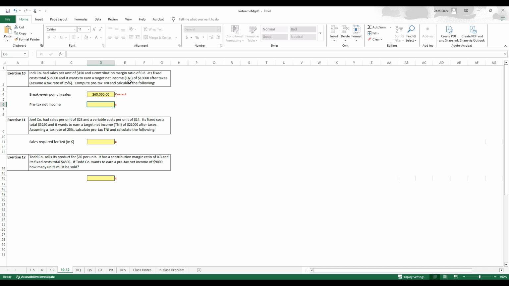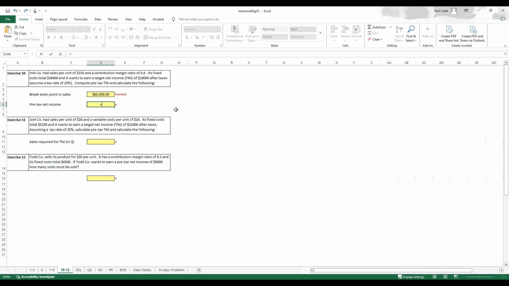We want to earn $18,000 after taxes. What does that mean we're going to need to earn before taxes? How we figure that out is not going to give us the answer immediately, but it's a part of what we're doing. We need to figure out our net income before taxes, since we're targeting after taxes. So let's just do that real quick.